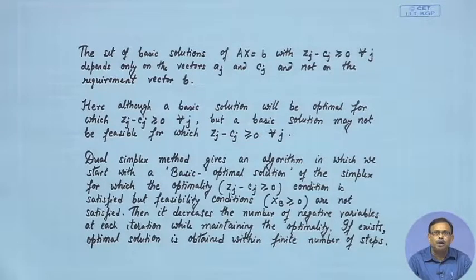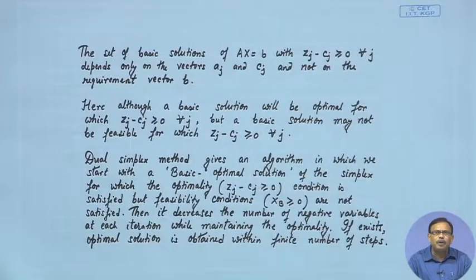Whereas, if you remember, for the normal simplex case the basic solution is always feasible, that is x b is always greater than equals 0, that we ensure, and we check the optimality condition there. So, in dual simplex it is the opposite.